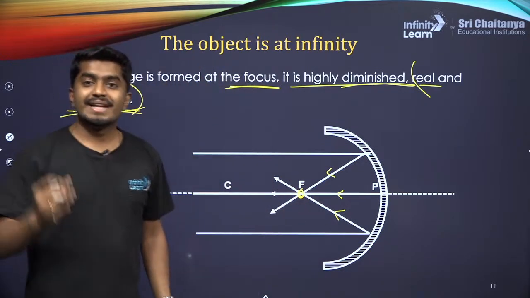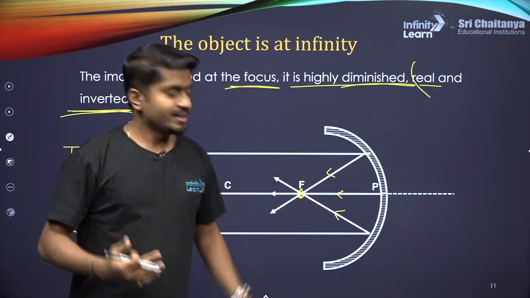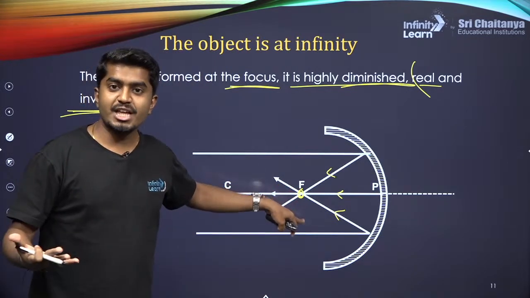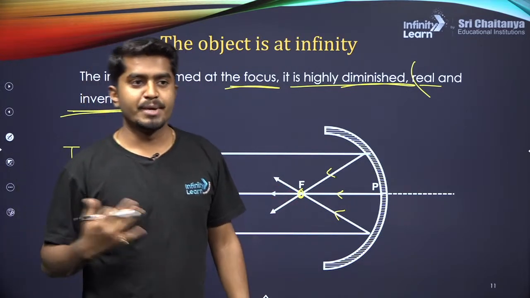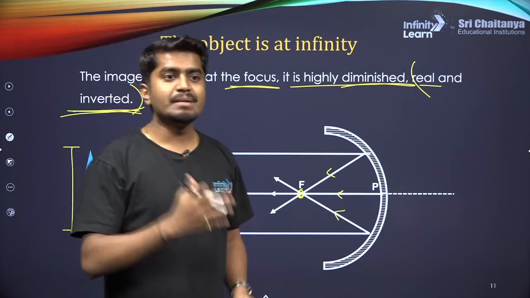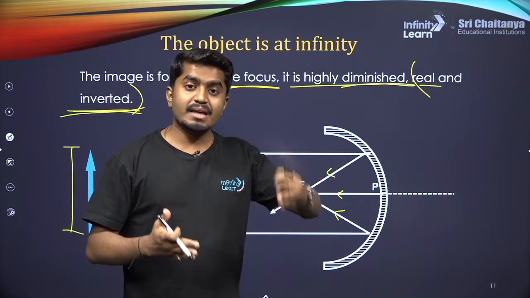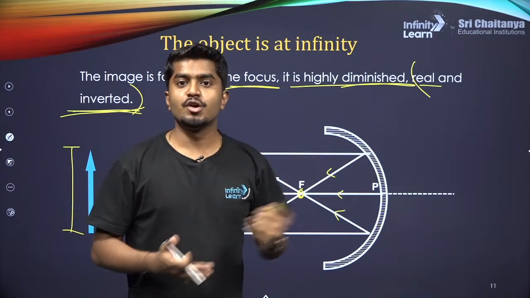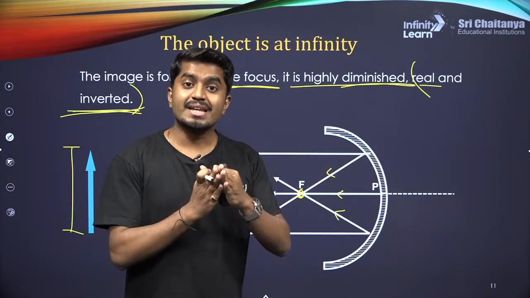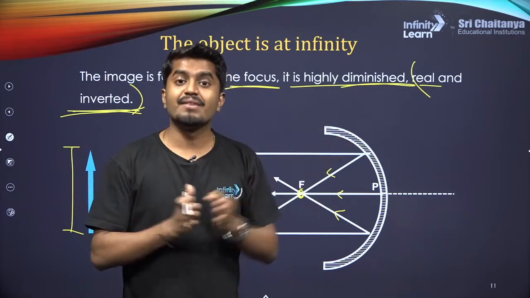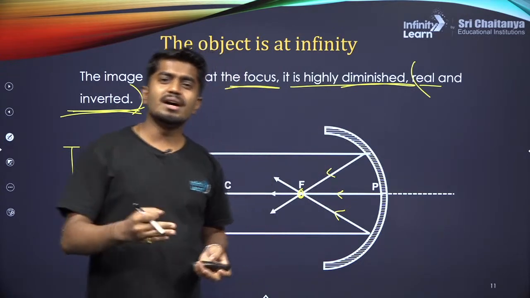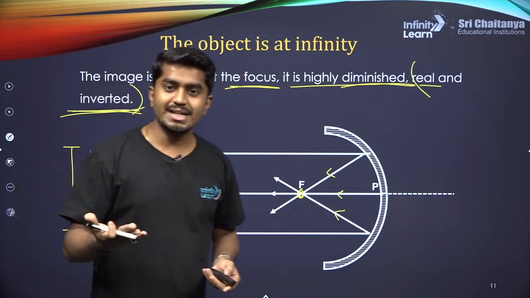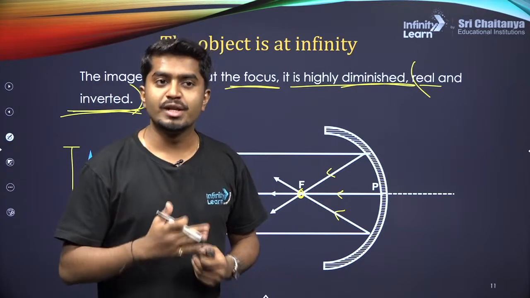When the reflected rays actually meet, that image is called a real image. In the plane mirror we have seen the image forms behind the mirror, right? That was the virtual image, because in that case the rays were going away from each other, they were diverging. So if the reflected rays are diverging, it will be a virtual image.